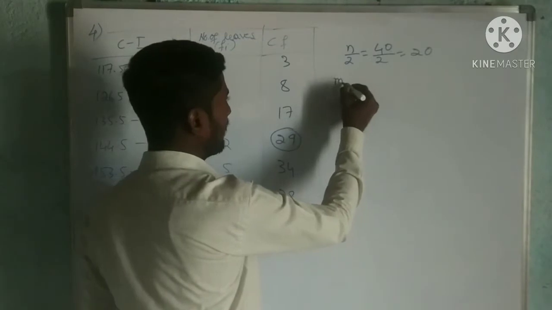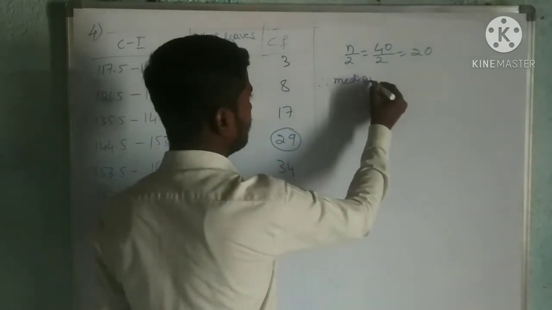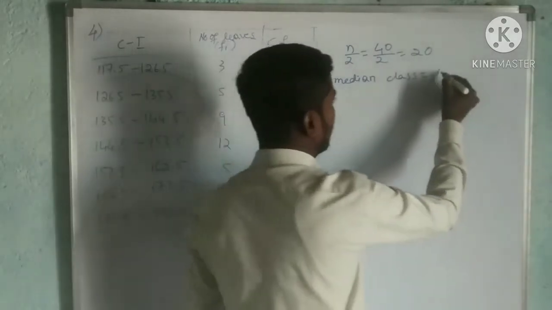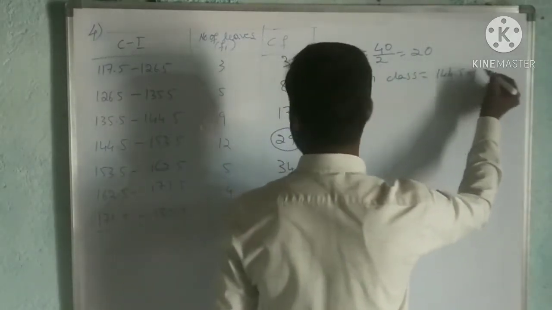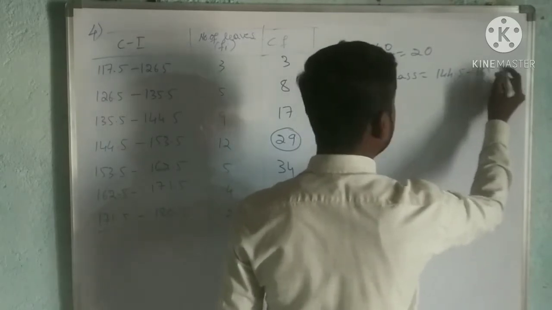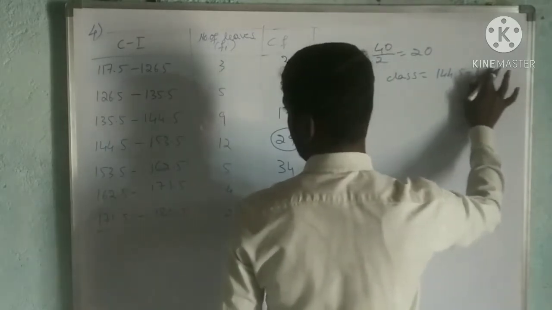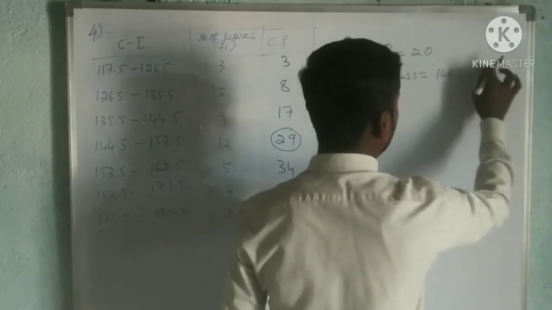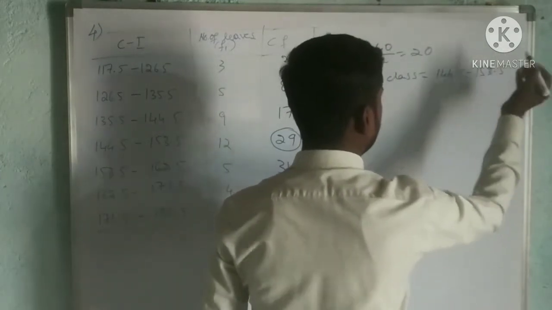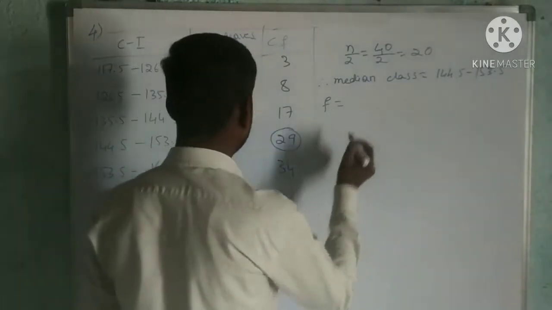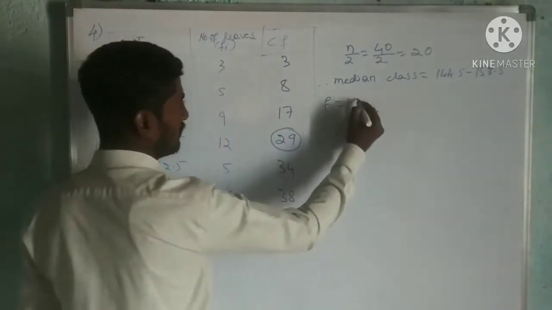Therefore, the median class is 144.5 to 153.5. Next, F, the corresponding frequency, is 12.